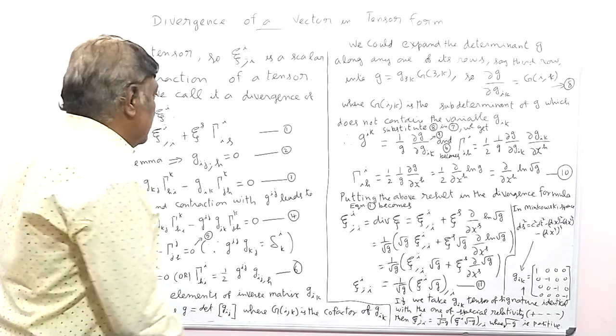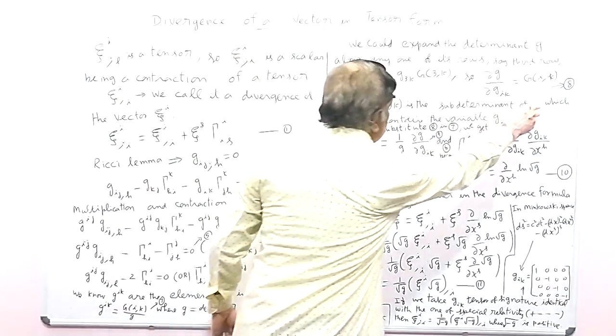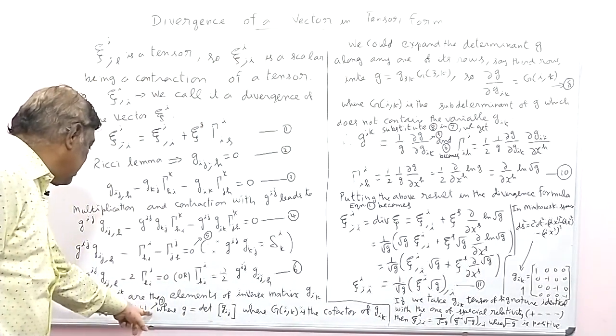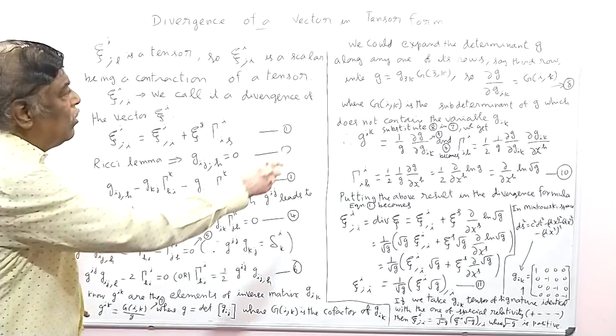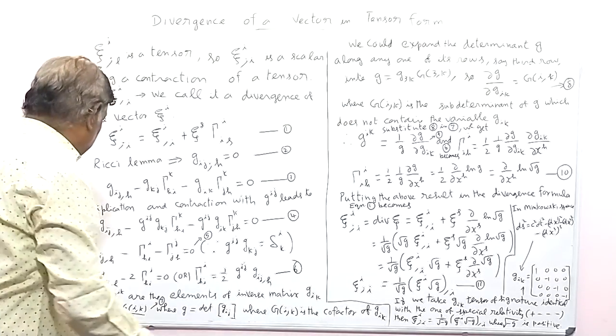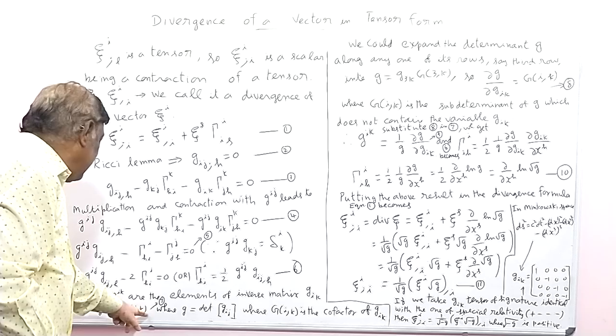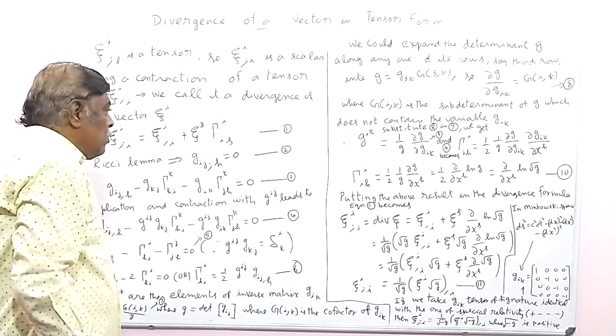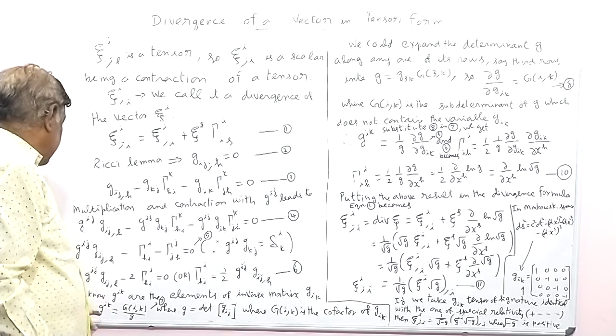Now we substitute this expression, equation 8, in equation 7. So this is equation 7, and we substitute equation 8. If you substitute G of i comma k, you will get this expression for g^ik.